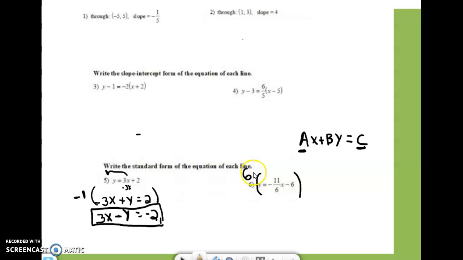So I have 6 times y would be 6y. And then I'm going to have 6 times negative 11 over 6 x. So the 6's would cancel, and I'd be left with a negative 11x. And don't forget to do the last one. So 6 times negative 6 would be negative 36.